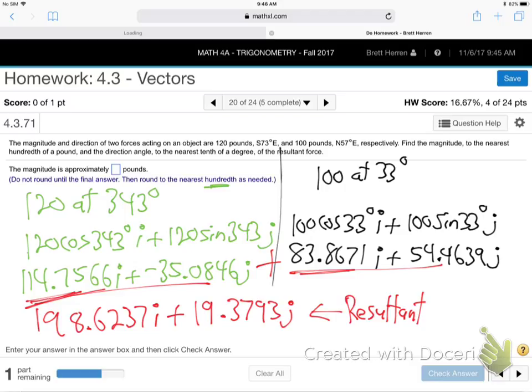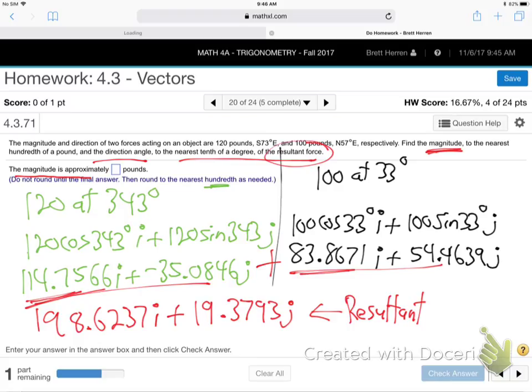And now what's their actual question? Find the magnitude. The magnitude. So how do we find the result? They want the result. Find the magnitude and direction angle of the resultant force. So now they want me to turn this final I J resultant answer back into magnitude and angle.